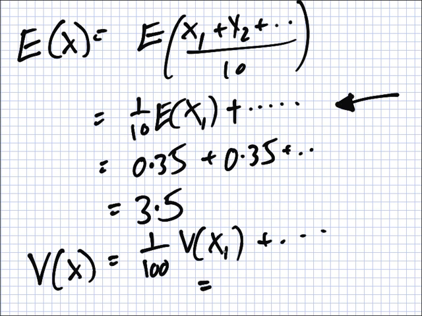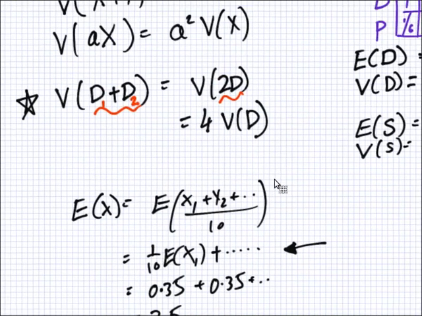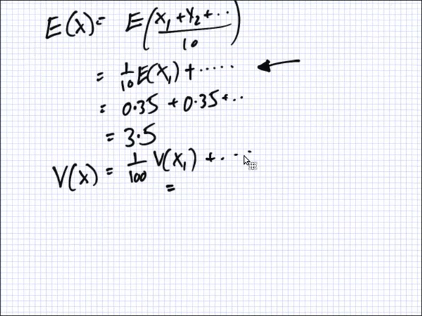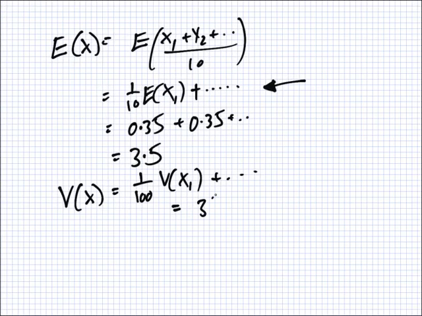And what do we say the variance was for the die? 35 over 12. So that would be 35 over 100 times 12 plus 35 over 100 times 12. So that ends up being 35 over 120.